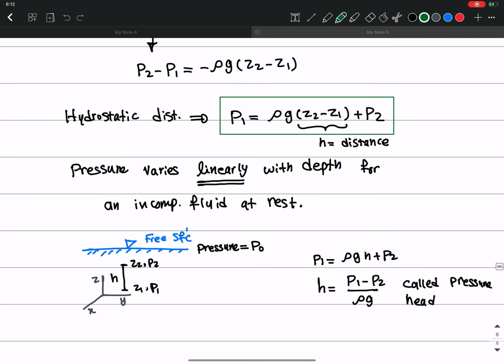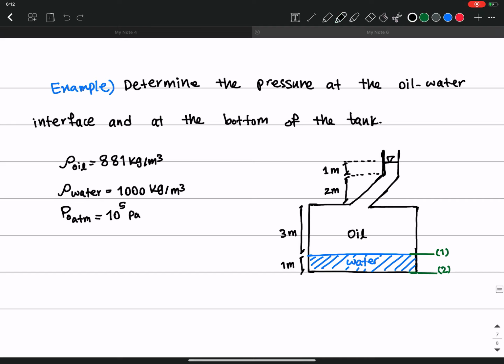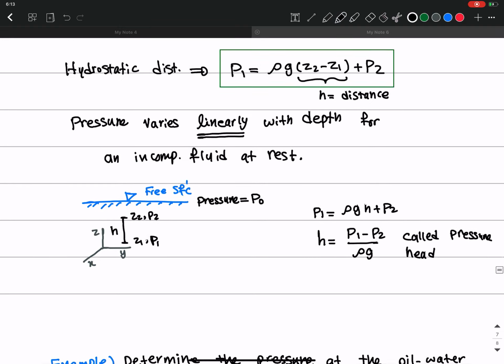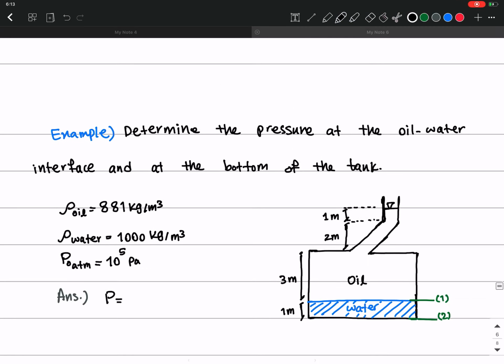So let's get started to solve this, and I'm going to use this formula for finding the pressures at different points. Solution: this is the formula we have. P, or pressure, equals rho G H plus P0.